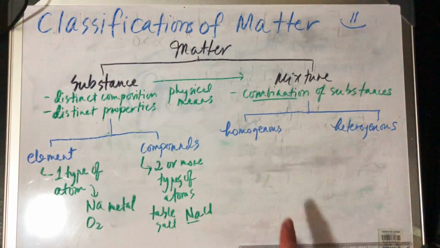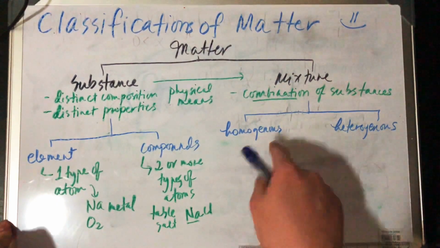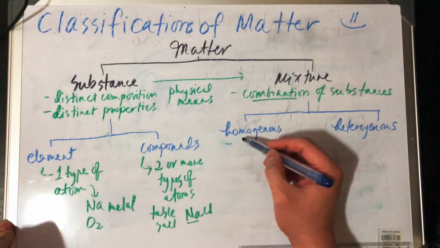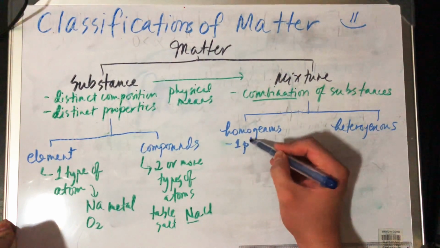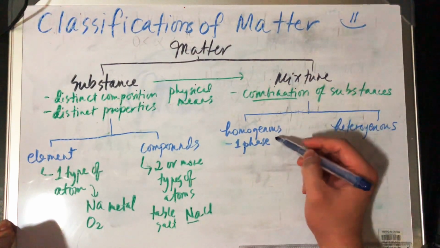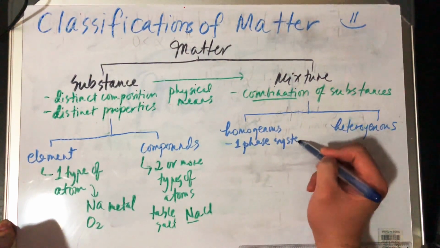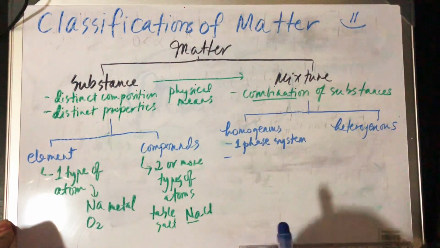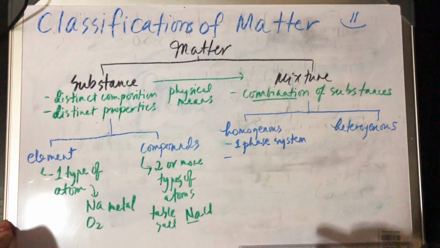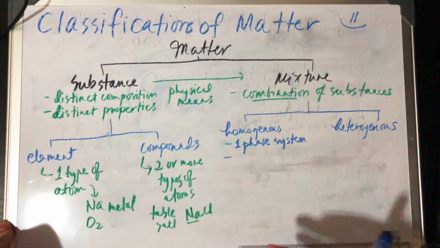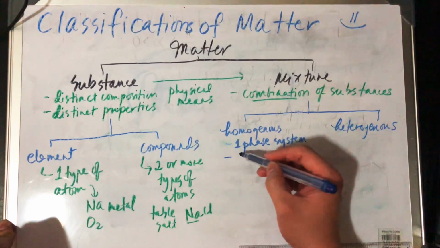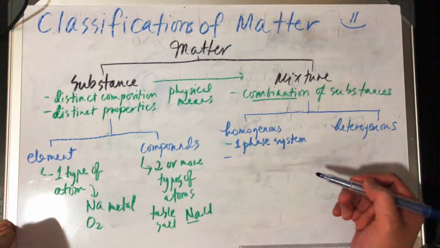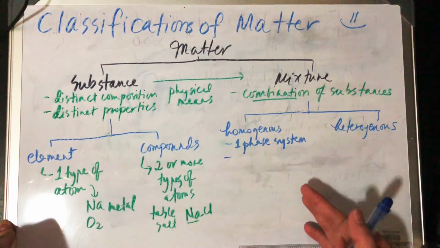When we say homogeneous mixture, you have a one-phase system. Meaning the composition is the same all throughout, or the composition is consistent all throughout.